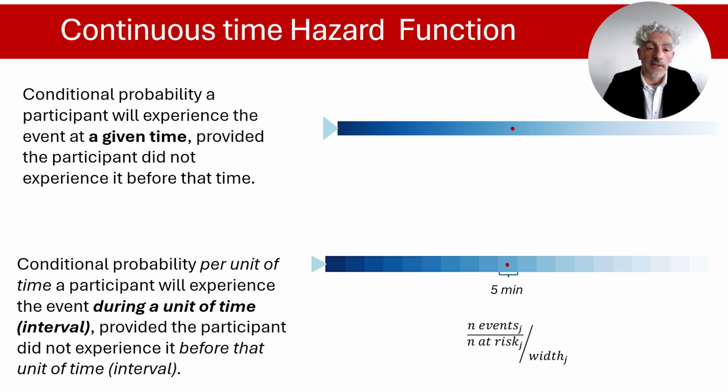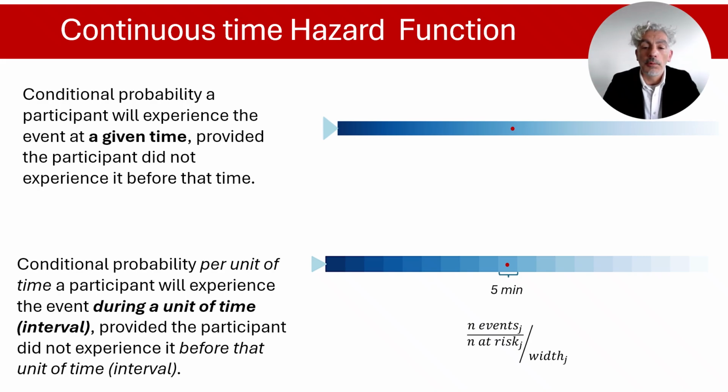So this may seem trivial, but it has an important implication because the hazard function then is calculated as the probability of the event taking place within a specific interval, provided that it did not occur before. As the interval width approaches 0, and that's an important caveat. So as the interval approaches 0, we measure the occurrence of event within that interval conditionally on the participant not having experienced the event before that interval.